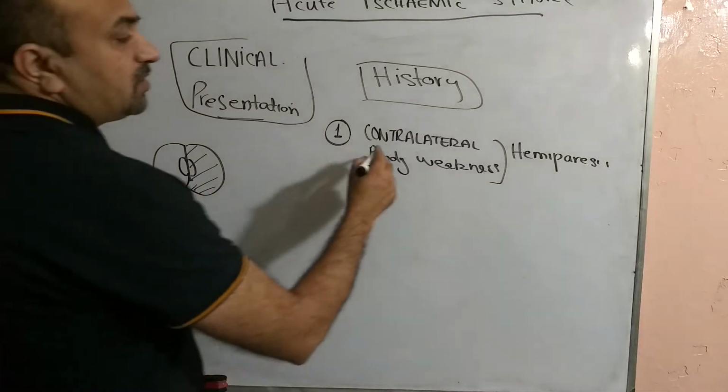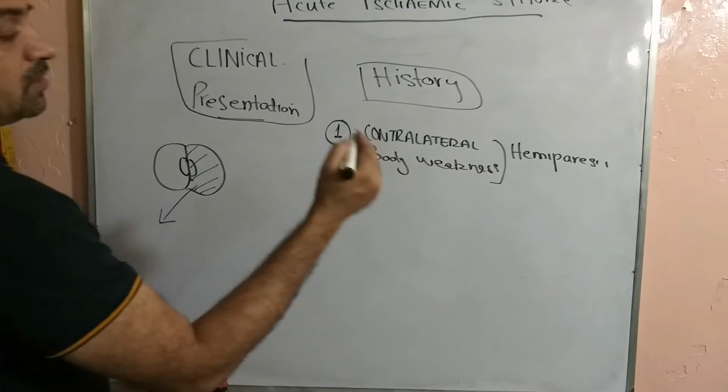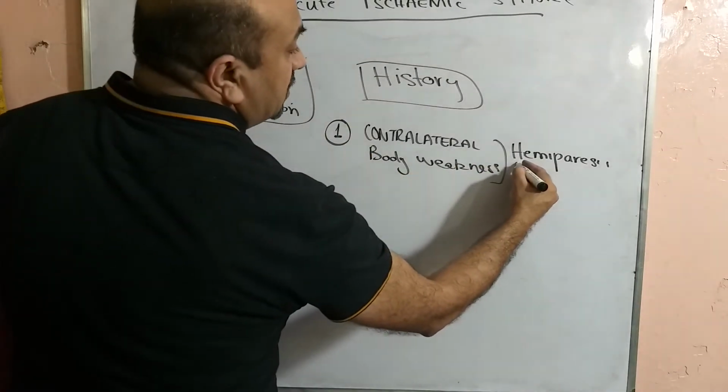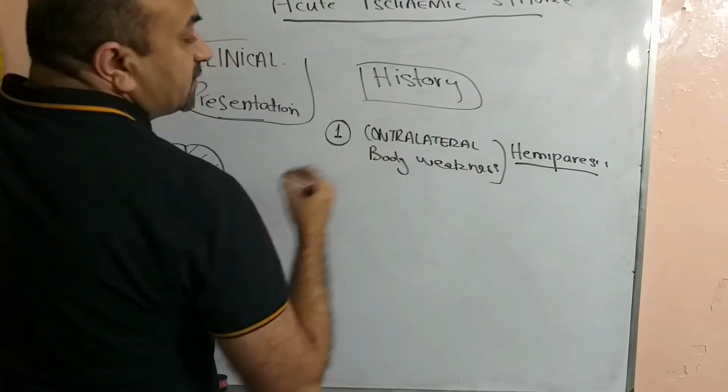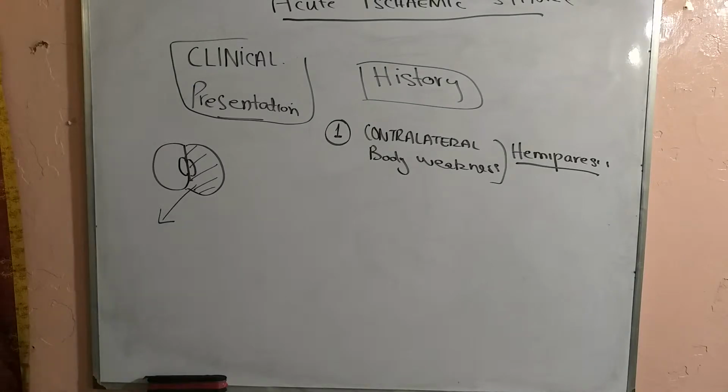So there can be contralateral half body weakness, which is hemiparesis. In case of the anterior cerebral artery, lower leg weakness is prominent, and in case of middle cerebral artery involvement, it is weakness of the upper limbs.